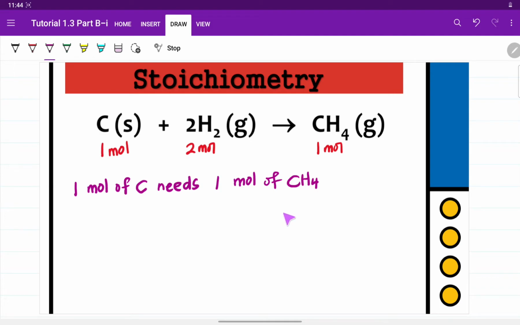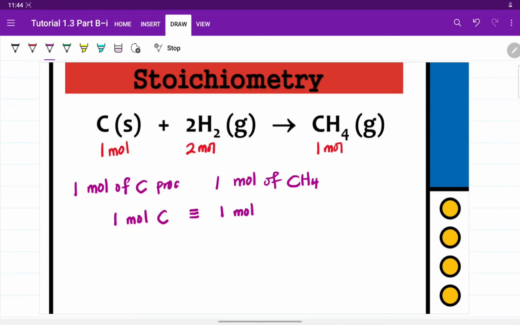Macam mana stoichiometric equation tu? So, you will write down like this. 1 mole of carbon, dekat sini awak akan gantikan dengan tanda anak panah macam ni. 1 mole of carbon produce, sorry, this is not needs, produce sepatutnya.